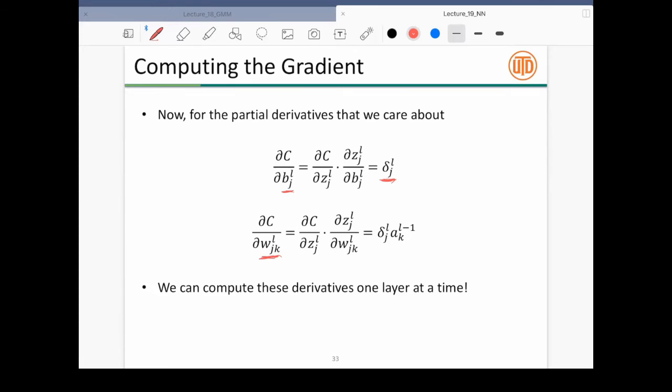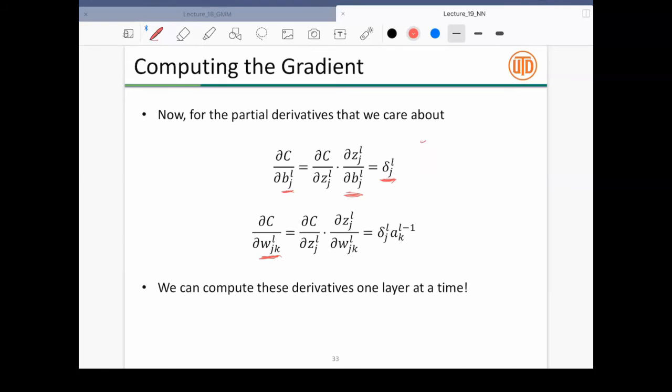Well, you can do this again using the chain rule. You can compute the gradient of the function c with respect to z j L, multiplied by the gradient of z j L with respect to b. So this is simply the chain rule being applied.